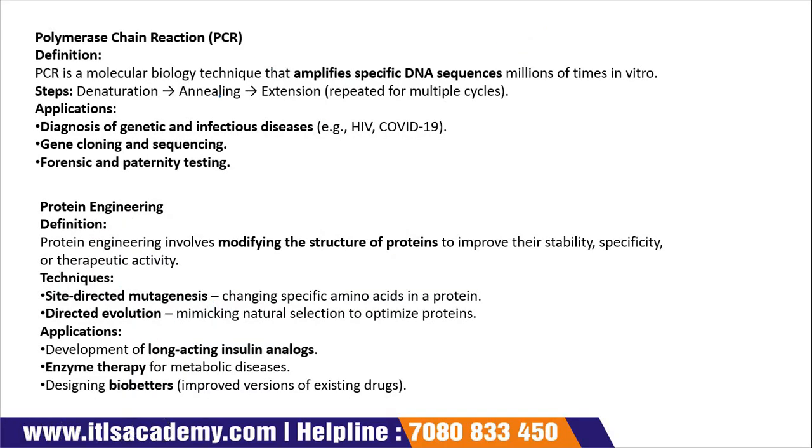Next is PCR. PCR is a cell-free method for amplification. Here we take the DNA. First step is denaturation: the double-stranded DNA is converted into single-stranded. Then annealing: primers are bound.